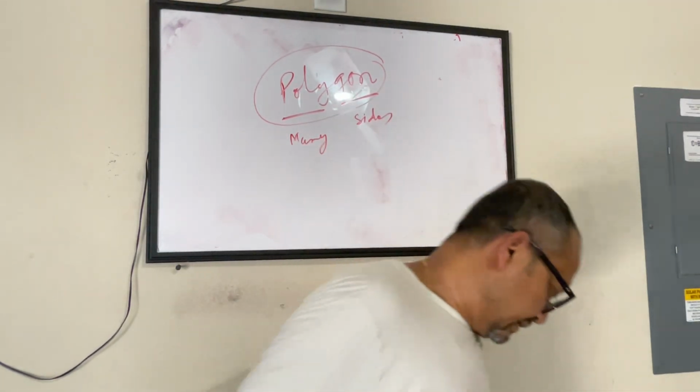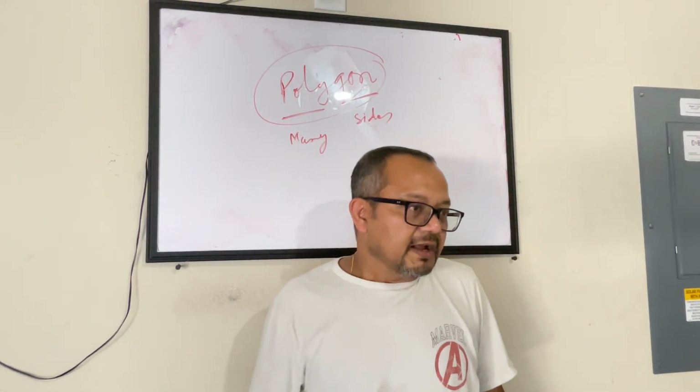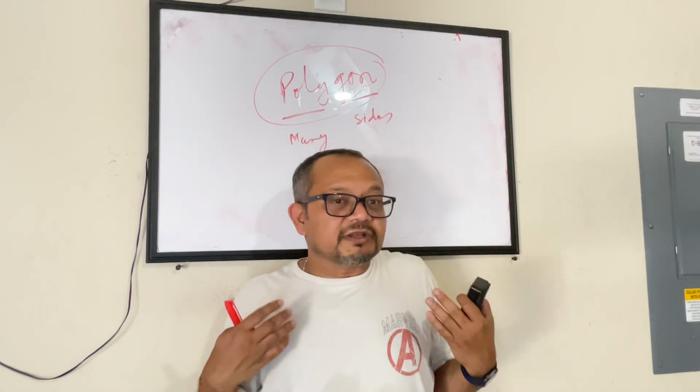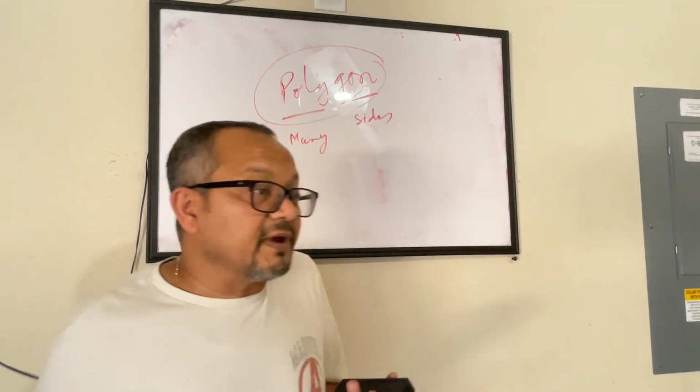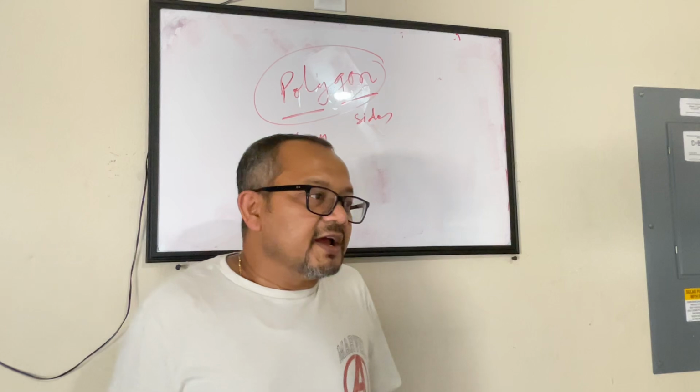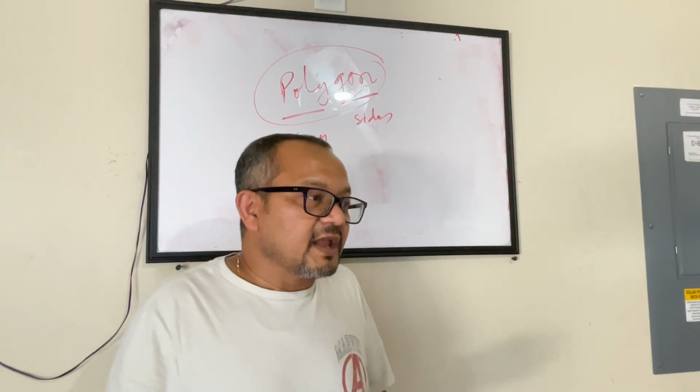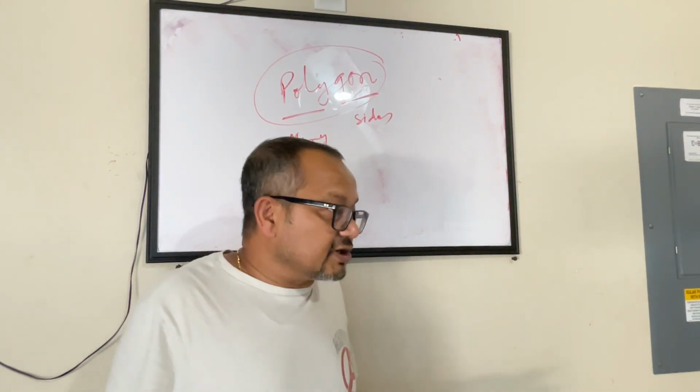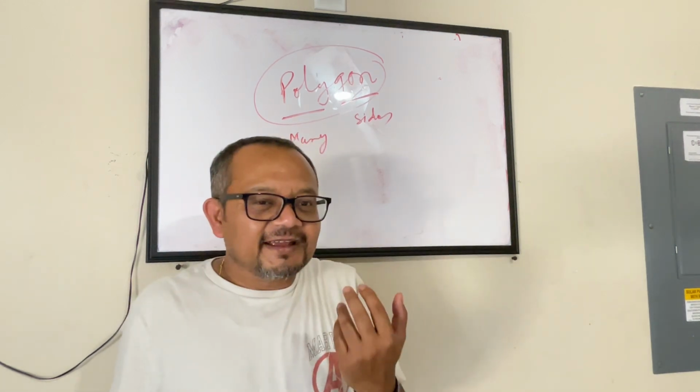Okay, now let's go to the next level of geometry. So far we have only talked about shapes. Even if you know a lot of shapes or their properties, how does it help? It's like me.